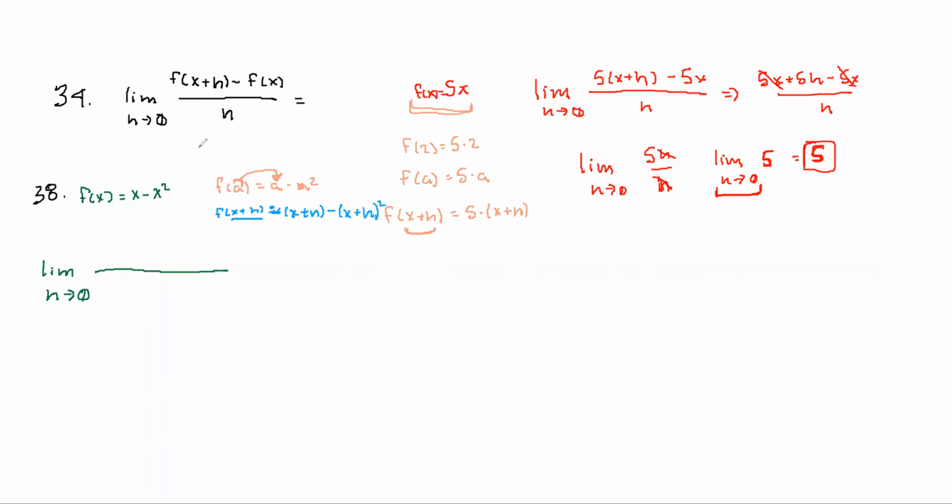So we're going to put x plus h in here as x plus h minus x plus h squared, minus f of x, and f of x is up here, x minus x squared, all over h. Does that make sense?